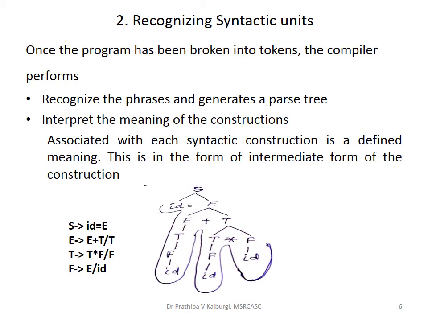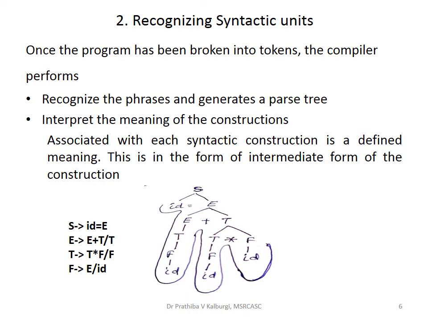What happens here is it takes these tokens produced by the lexical analysis as input and generates a parse tree, which is nothing but what we have already learned in the first part of the compiler.